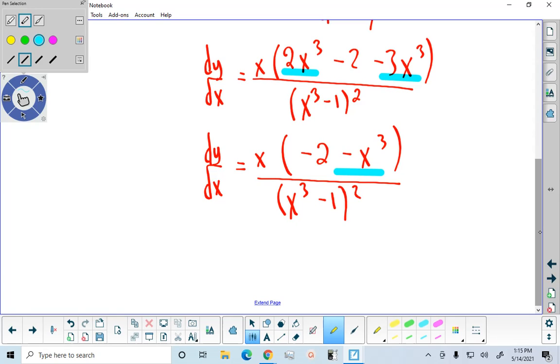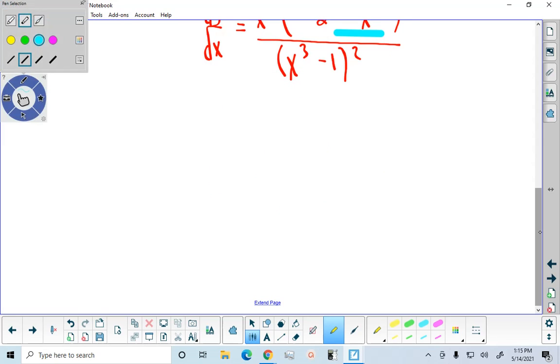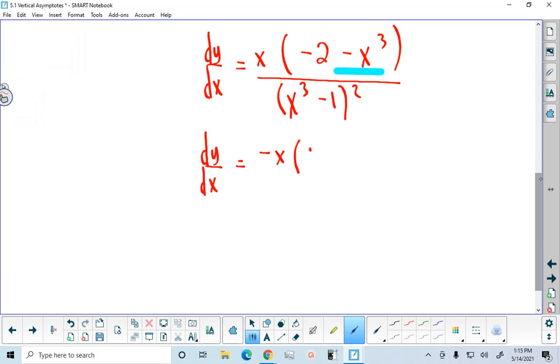And I'm going to take out a negative finally, and I will have a relatively simplified form of my derivative. dy dx is equal to negative x times 2 plus x cubed over x cubed minus 1 squared. So that's the derivative of the function.